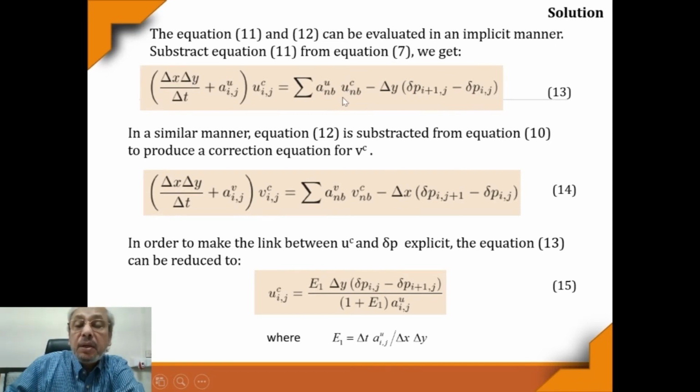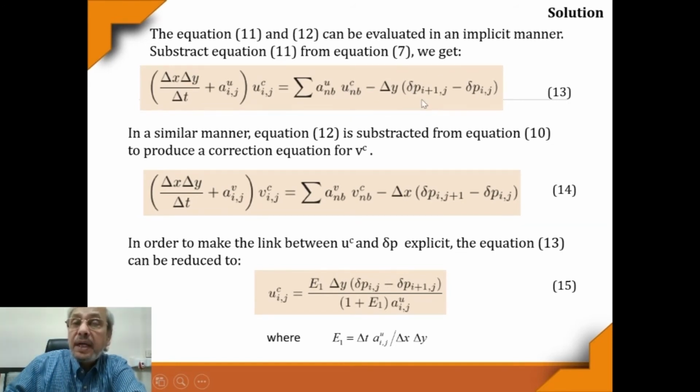Similarly, the neighboring velocities u_i+1,j, u_i-1,j, u_i,j+1, u_i,j-1 are not at the level n+1, but we are defining them with a superscript c. So these are again the velocity corrections at those specified points.